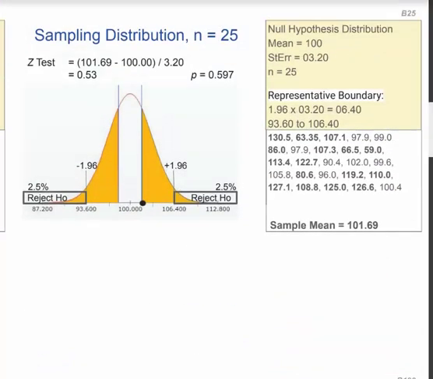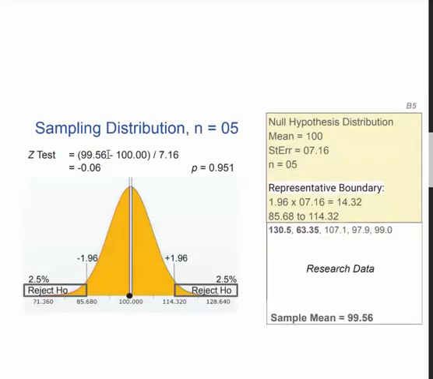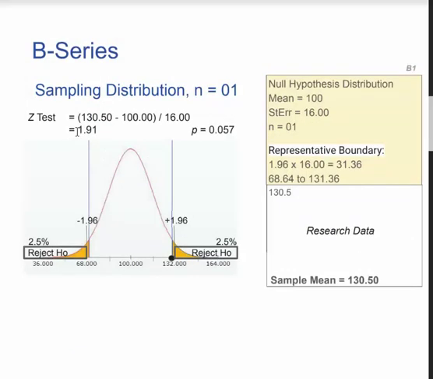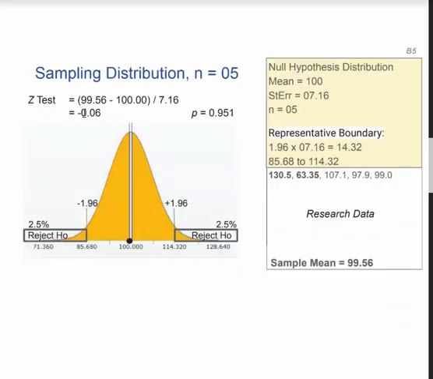Let me scroll it over. Here's our z-test. Here's the p-value, right? So we're going to ignore the signs. So this would be up here treated as a 1.91. And over here this would be treated as 0.06. That's what absolute value means. Ignore the sign, and that's the p-value.